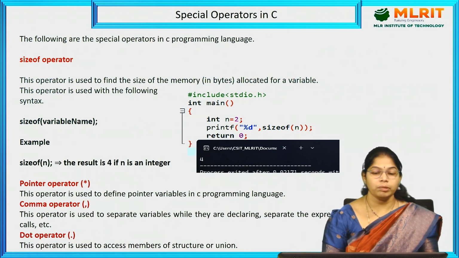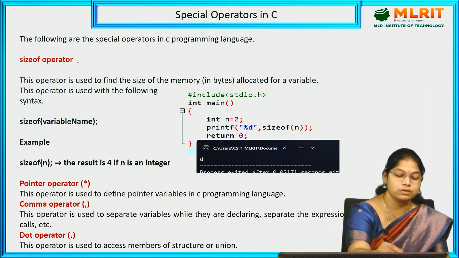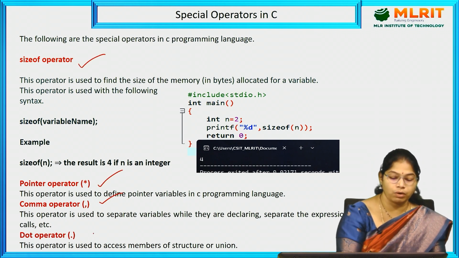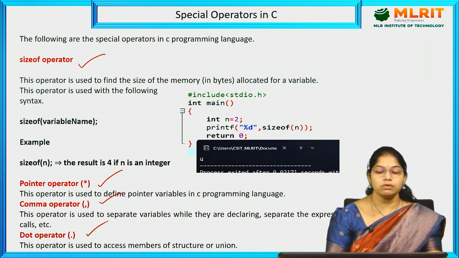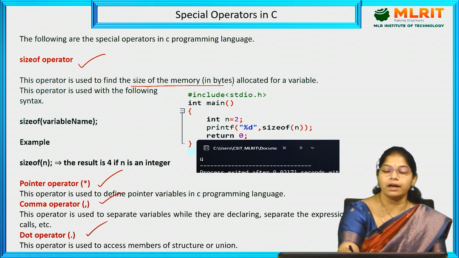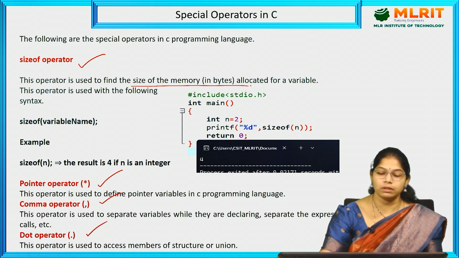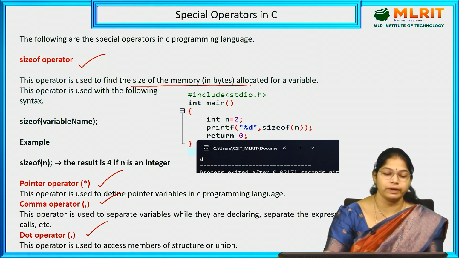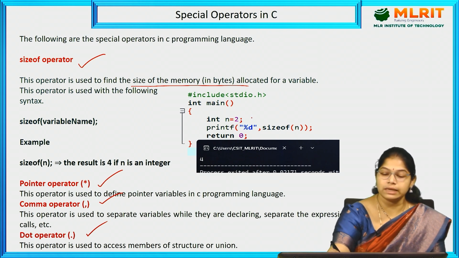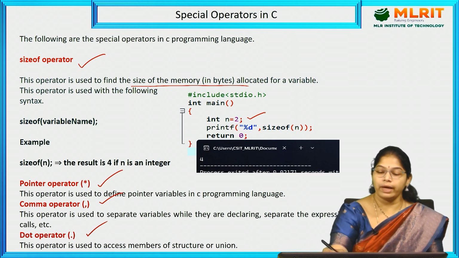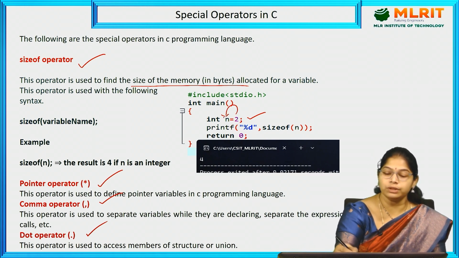Then special operators are sizeof operator, pointer operator, comma and dot operator. Sizeof operator is used to find how much memory a particular variable occupies, depending on the value which we are passing to that variable. Let us suppose in this example int n equal to 2, where I am passing an integer value to the variable n.